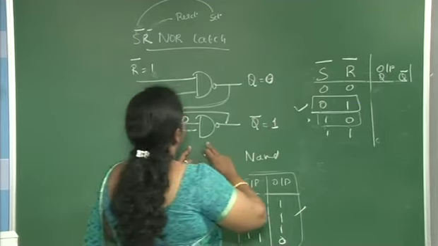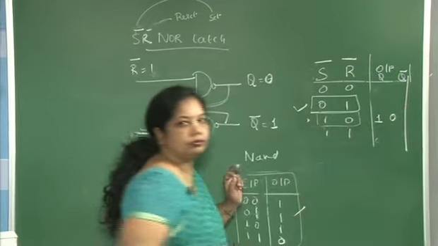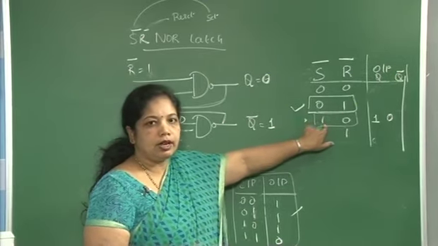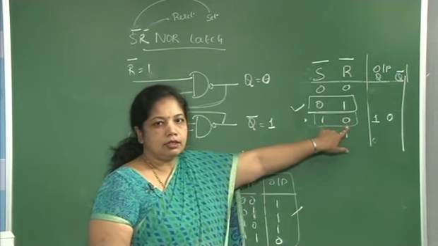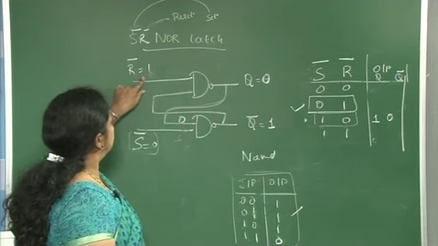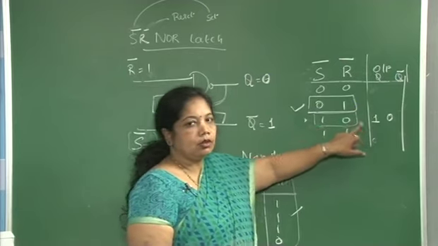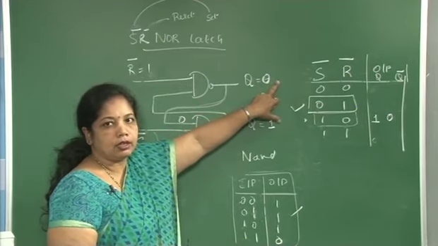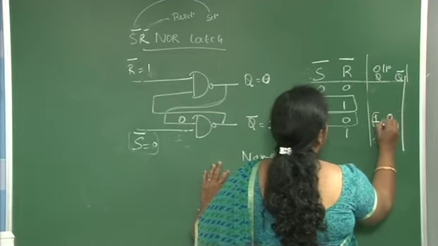So what is my output now? Here it is 1 and 0. If S bar is 0, my output is 1. The output of this is 1 and the output of R bar is 1. So now I can say my output is set to logic 1.